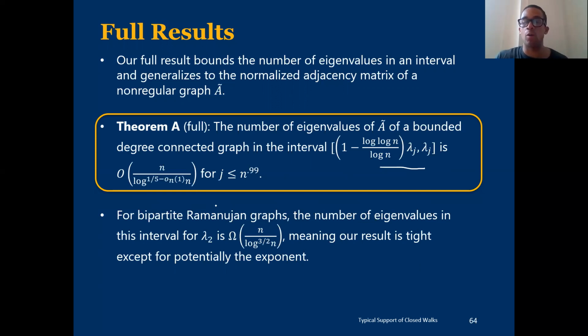What's worth pointing out is that when we generalize to this interval, our result is actually tight. For bipartite Ramanujan graphs, the number of eigenvalues in this interval is n over polylog n. I said that the result is tight. This exponent could not be tight, but in terms of n over polylog n, that part is tight.